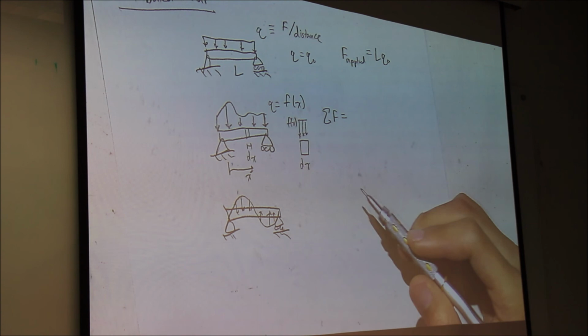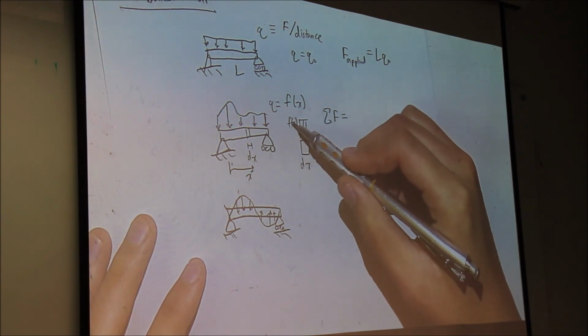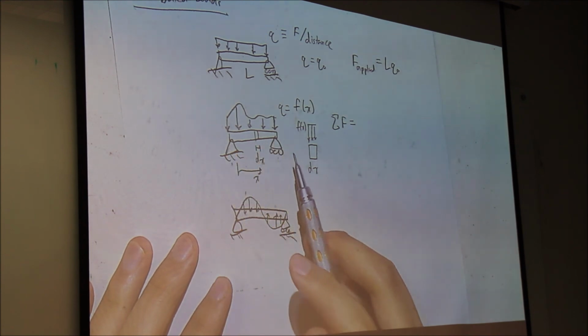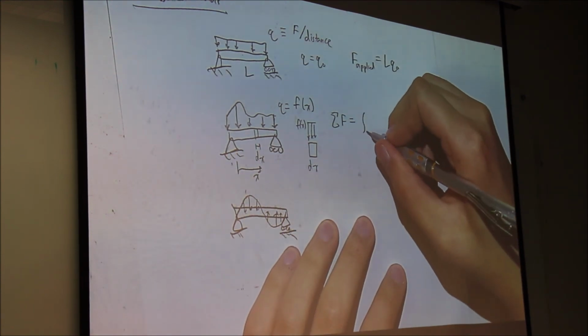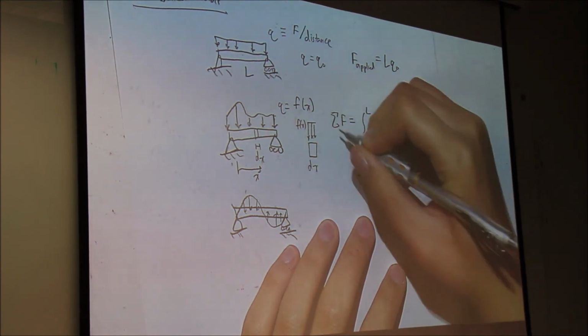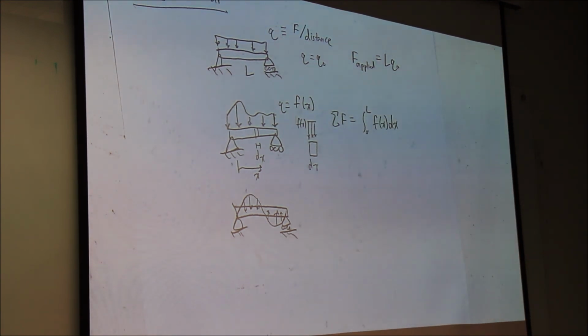And so the area of this rectangle is f of x times dx. Since we're doing that at every point along this line, we can say from 0 to L, f of x times dx. That's the total force, right?